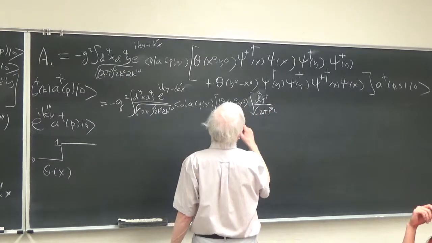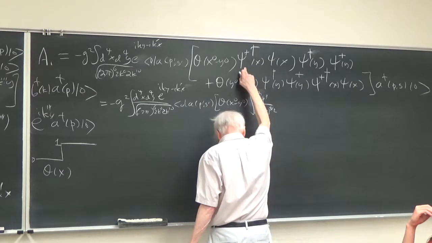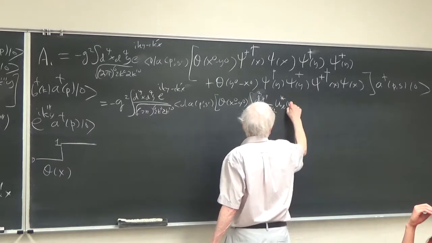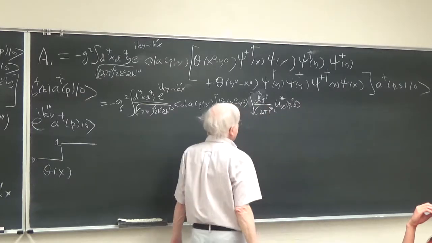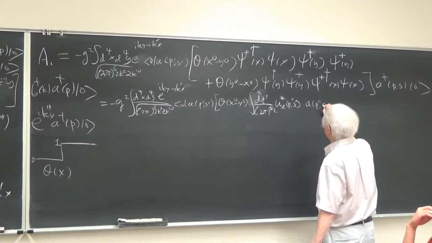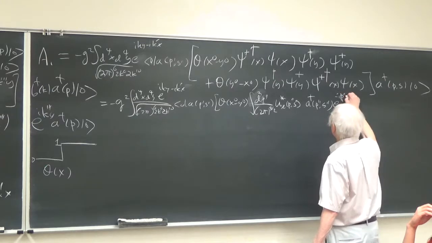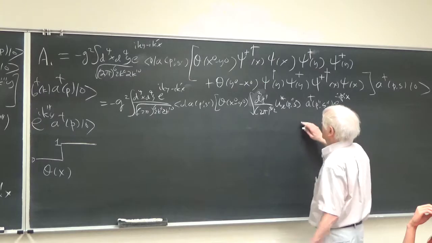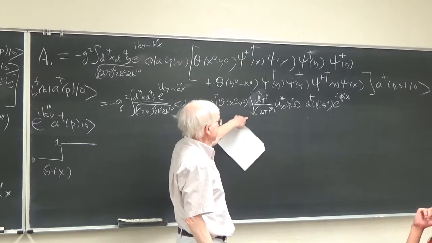And this is psi plus dagger, and so that is u star L of p double prime, s double prime, and it's a of p double prime, s double prime, dagger, e to the minus i p double prime dot x. Okay, so I think I've done that correctly. That's psi plus of x dagger, right?